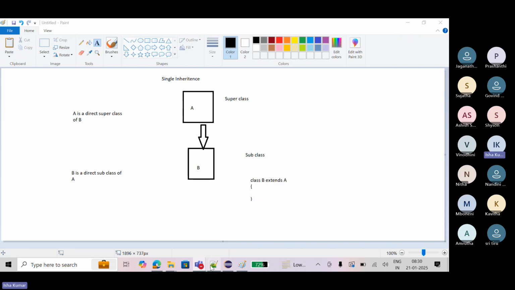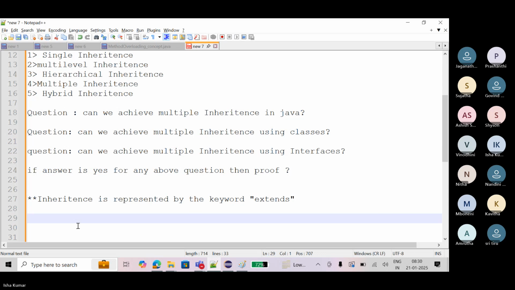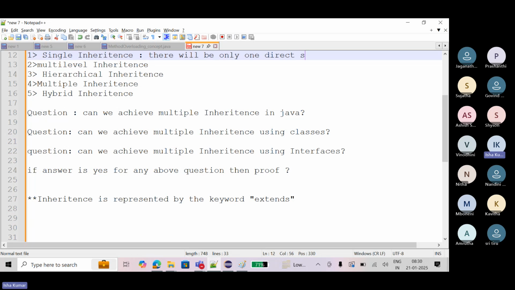So what do you mean by single inheritance? Single inheritance means there will be only one direct superclass and subclass. Clear? Now let's go for multi-level inheritance.